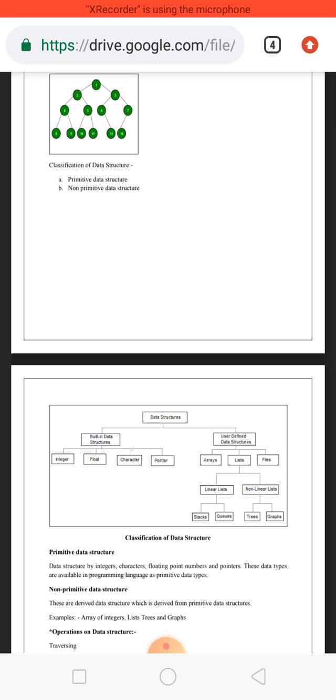What is the best analogy to remember how a stack is going to work? The best example is putting bangles onto the hand. Whenever you put a bangle onto your hand, there is only one end, only one way to bring the bangle onto your hand.